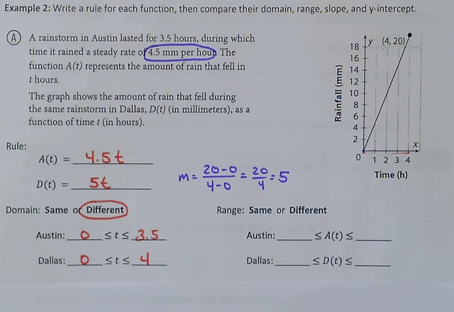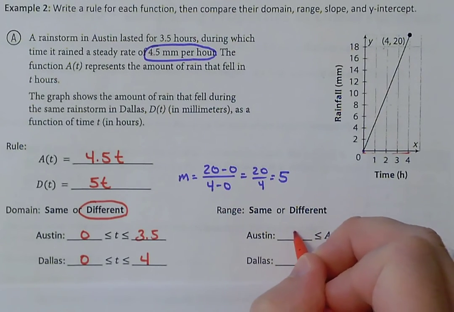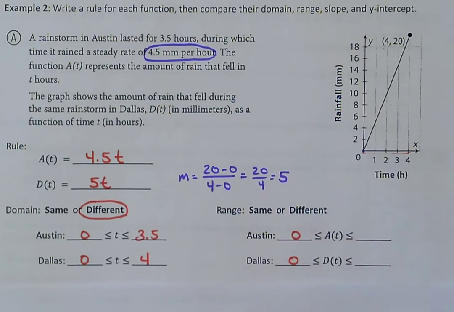Now, if we take a look at our range for Austin, the idea is that at the start of the rainstorm, there would be 0 millimeters of rainwater. So now we just have to figure out how much it rained after a certain amount of hours.